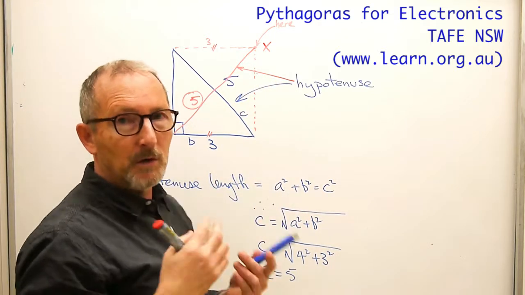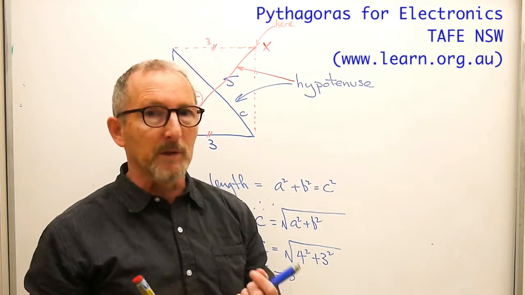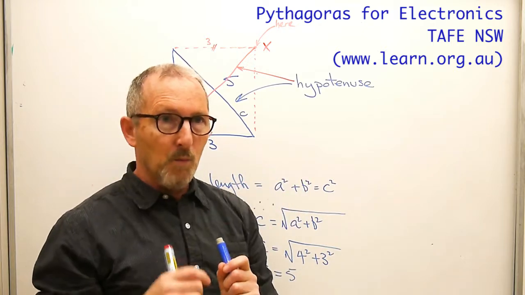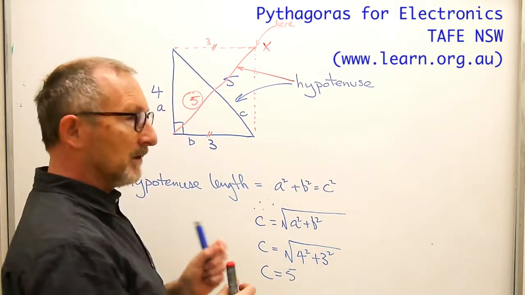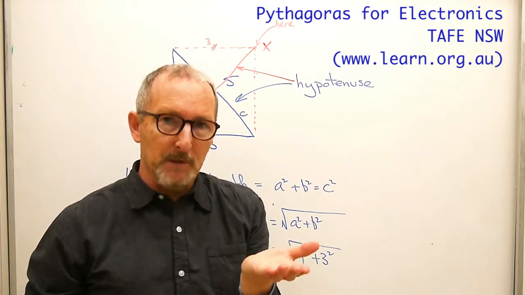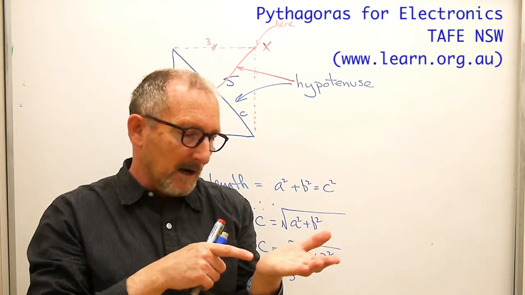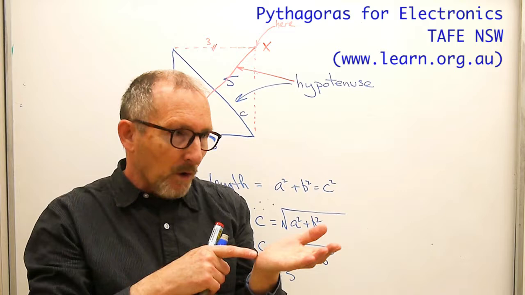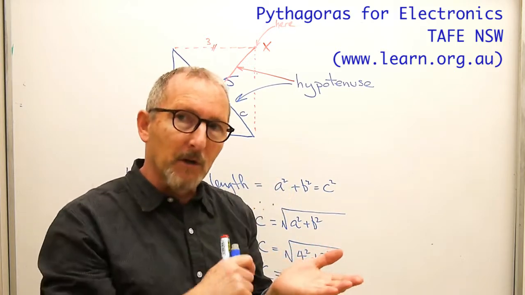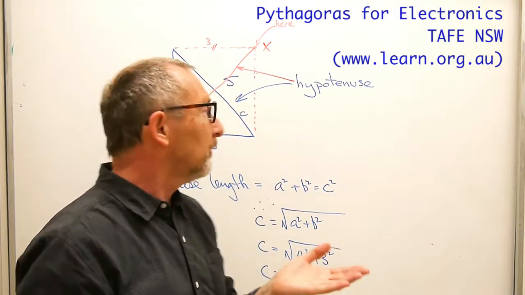But because the shortest distance between 2 points is a straight line, wouldn't it be nice if you could just say to somebody, hey, here's a compass. All you've got to do is follow this compass bearing and walk in that direction for 5 kilometres and you'll get to where you want to go.